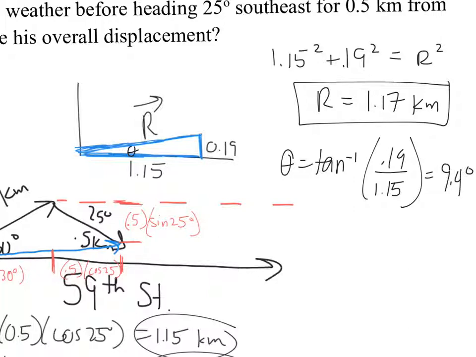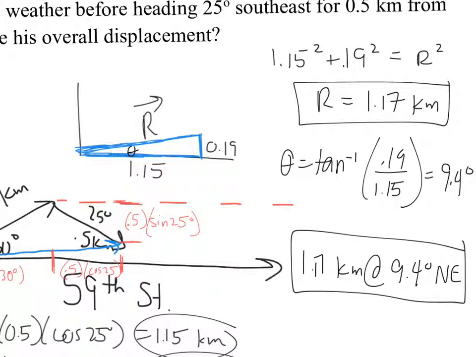And so the answer is going to be 1.17 kilometers at 9.4 degrees northeast. How do I know that it's northeast? Simply because the person has to move to the east and then north of east. So we say northeast. Again, 1.17 kilometers at 9.4 degrees northeast.